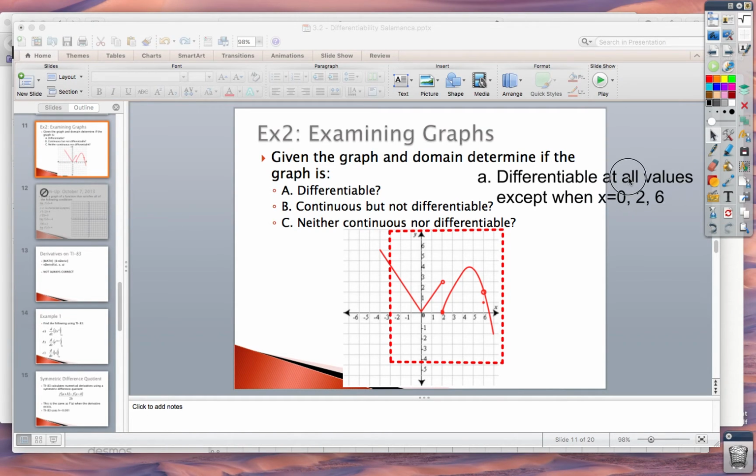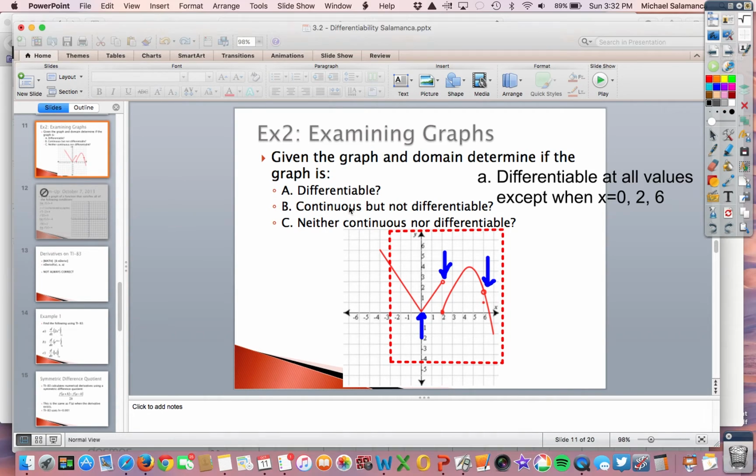First of all, we know that at x equals 0, there's a corner, so that's not differentiable there. We know at 2, there's a point of discontinuity. Therefore, it's not differentiable there. And then at x equals 6, there's a hole. Therefore, it's discontinuous there as well.